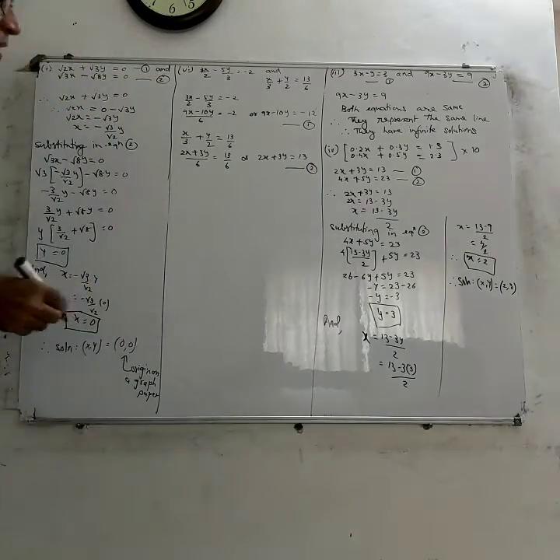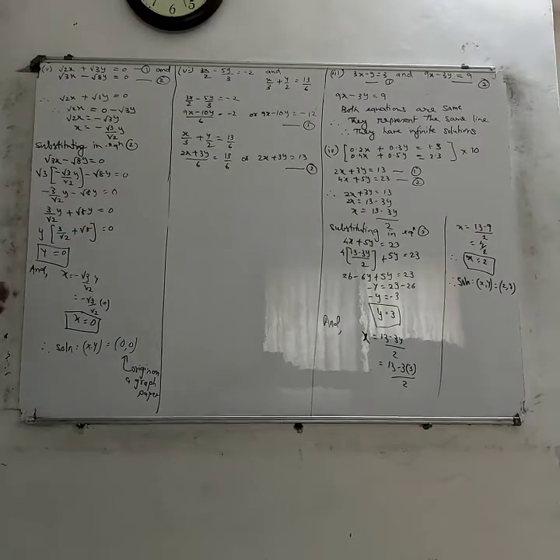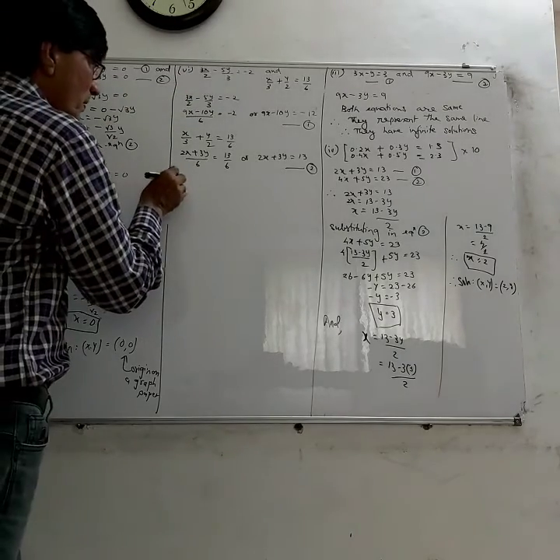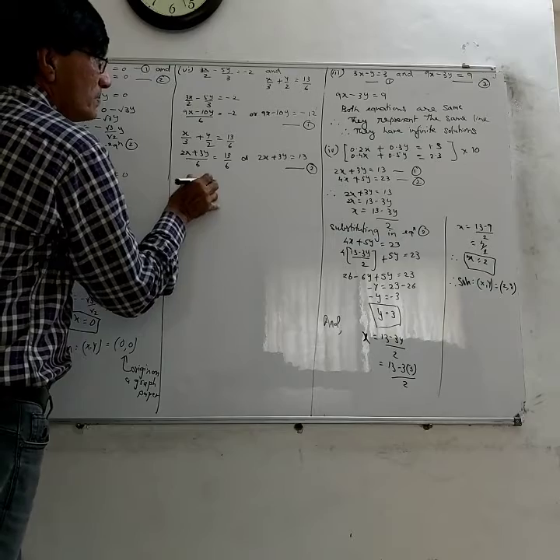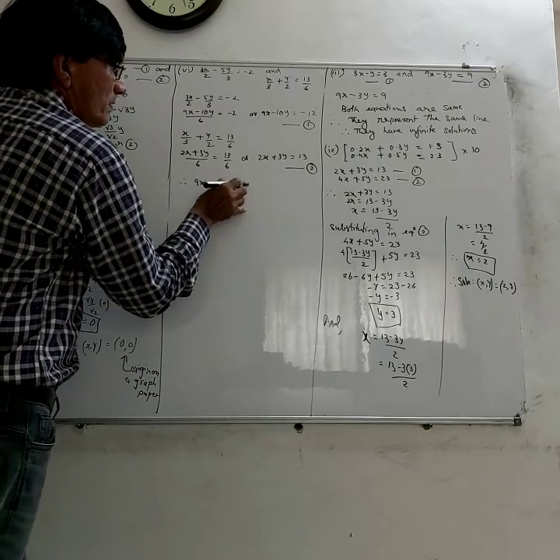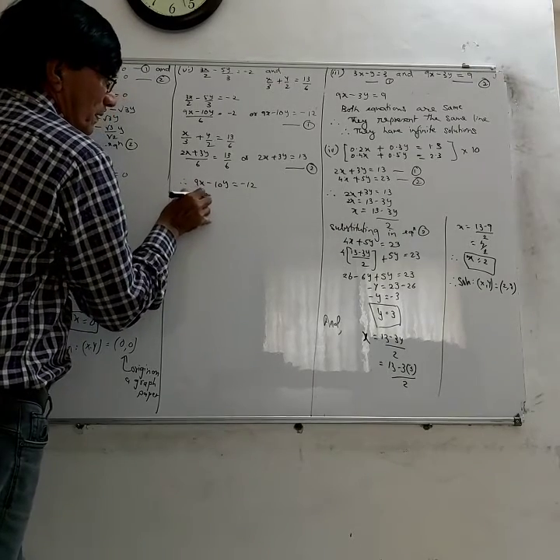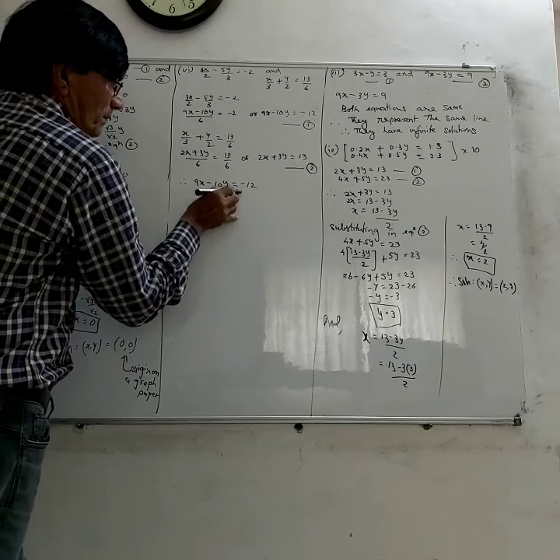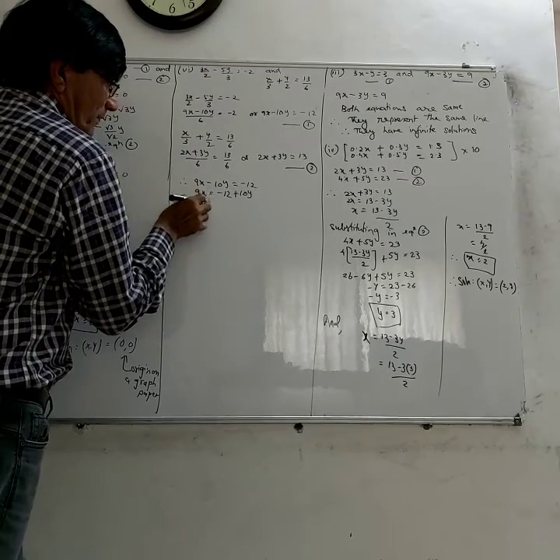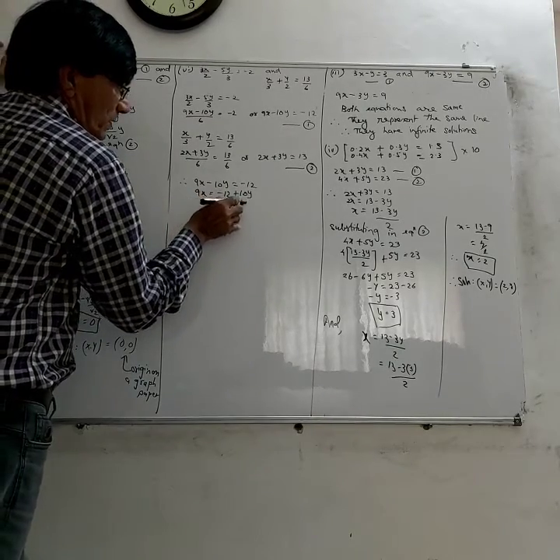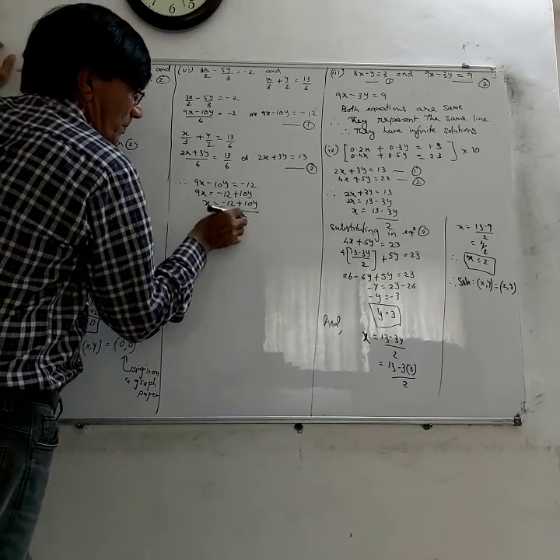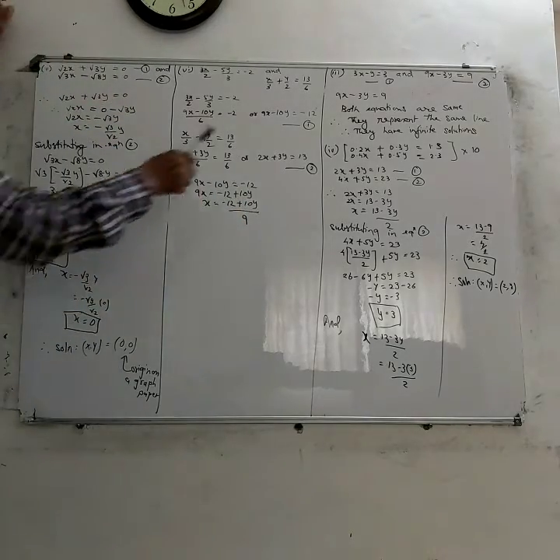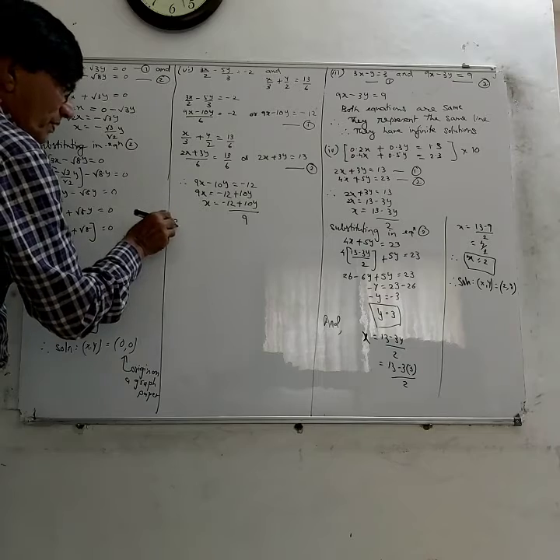Equation number 2. From the first equation, you can take 9x is equal to minus 12 plus 10y. Therefore, x is minus 12 plus 10y upon 9. Now substitute in equation number 2.